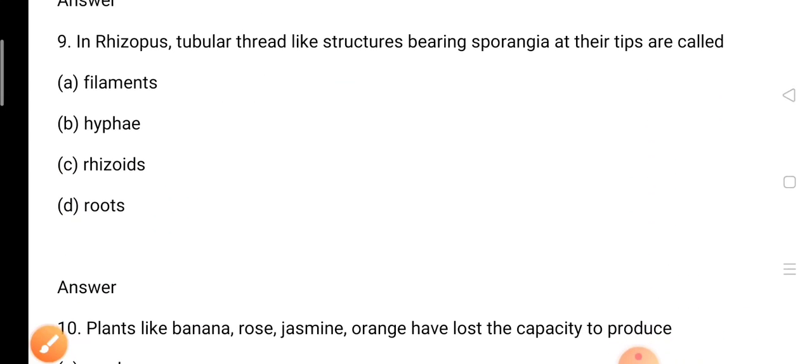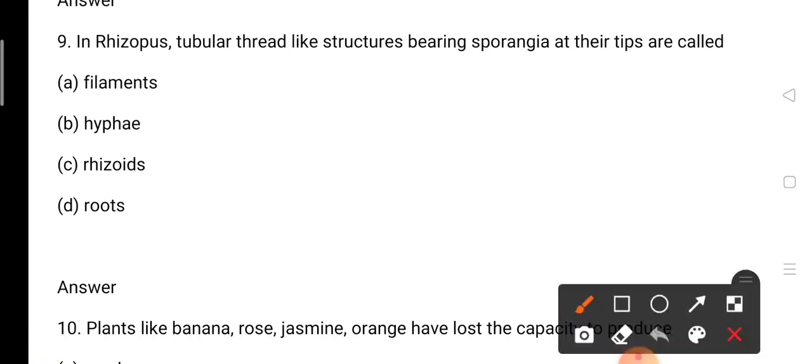Now the next question, in Rhizopus, the tubular thread-like structures bearing sporangia at the tips are called. So the options are filaments, hyphae, rhizoids, roots. So we have discussed the fungi, that the body of fungi consists of a single filament-like, thread-like structure, which is called hyphae, and the group of hyphae is called mycelium.